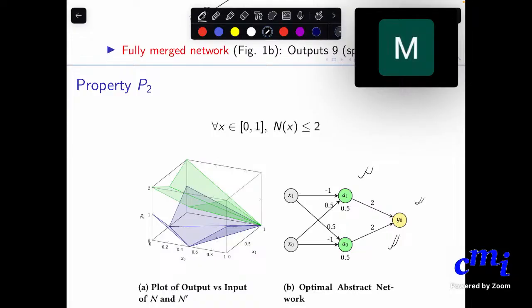And so we can say this is an abstracted network of the original one. So that's why we can say this neural network exists, but we may not come up with it by the merging technique, but this neural network exists, and this is one such neural network. But that is not the criteria of optimality.